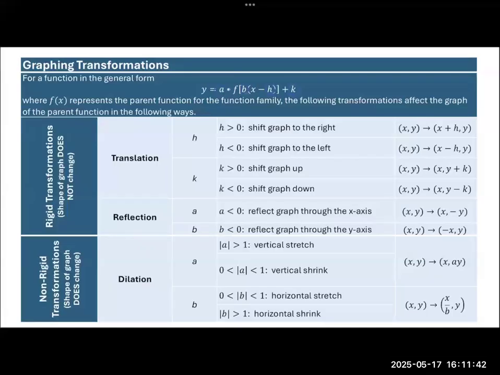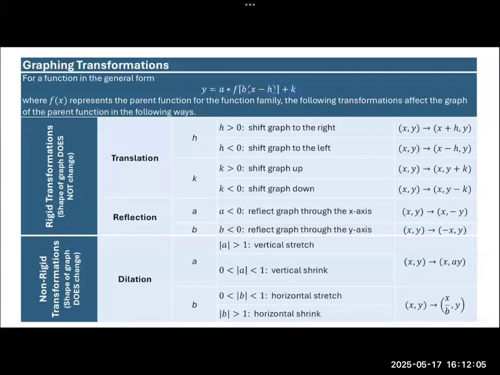And the values that we're usually looking at are the A, B, H, and K values, whether they move the graph up, down, or left, right, whether they reflect the graph through the X or Y axis, or whether they actually stretch or shrink the graph, change the shape a bit.